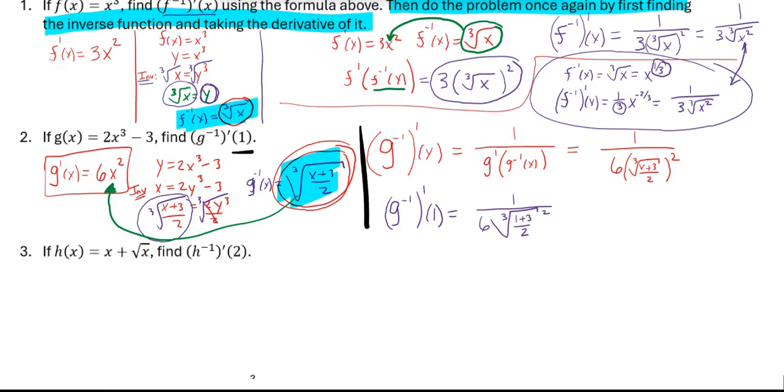So we got a lot going on there. So it looks like I have 4 over 2, the cube root of 2. I'll just simplify that a little bit. 1 plus 3 is 4, divided by 2 is 2, squared. And we can write that maybe a little more simply as 1 over 6 times the cube root of 4. All right, so that's a little bit of a mess. But it came out nicely at the end.